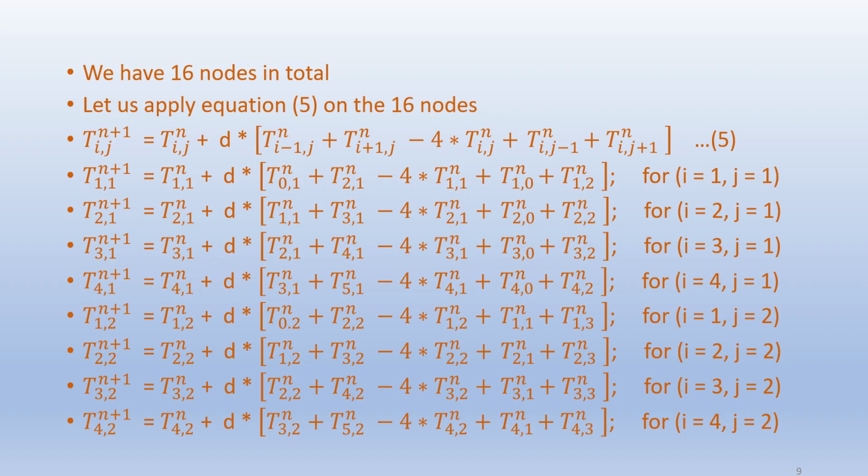Accordingly, for the first node, T_11^(n+1) = T_11^n + d(T_01^n + T_21^n - 4T_11^n + T_10^n + T_12^n). Likewise, we can get similar equations for the remaining nodes, where i equals 2, j equals 1, and so on.